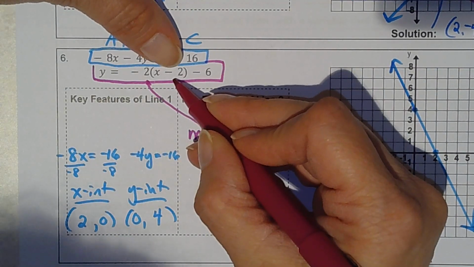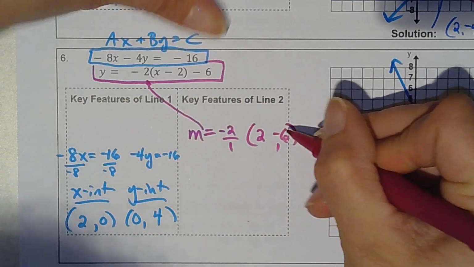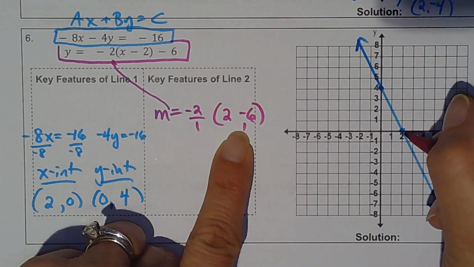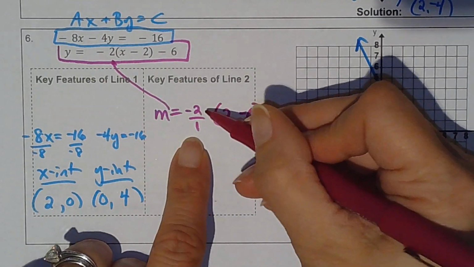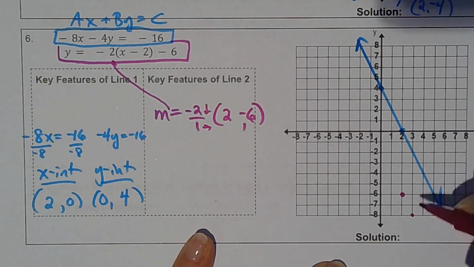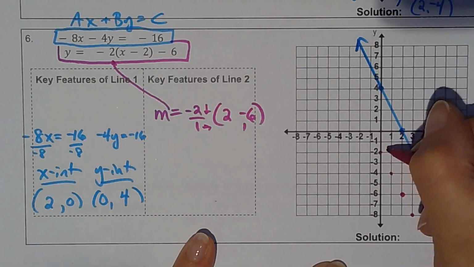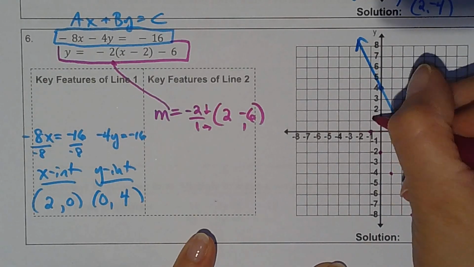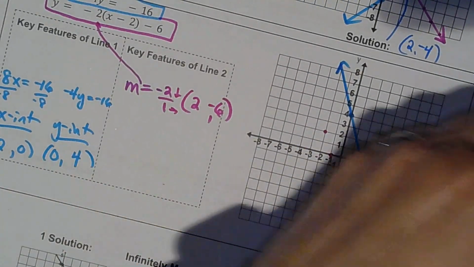The x number is a +2 and a -6. So let's start at 2, -6 down here. And I will go down 2 over 1, down 2 over 1, up 2, left 1, up 2, left 1, up 2, left 1. It does not seem like these lines are touching.